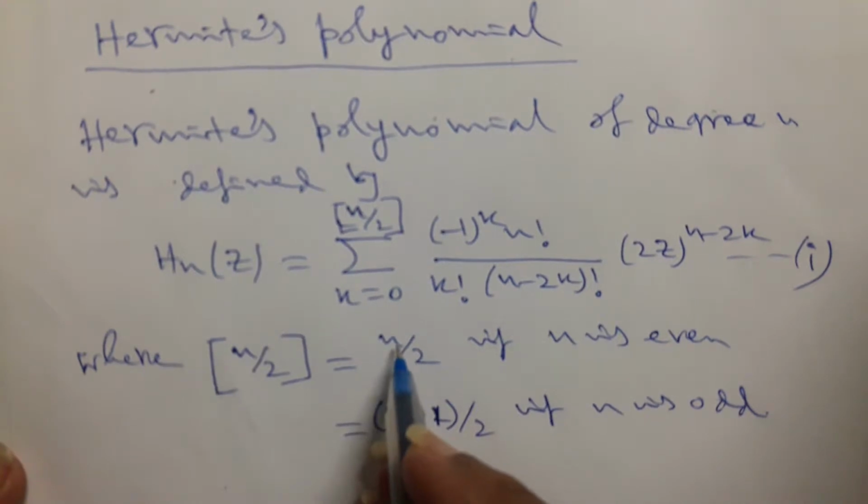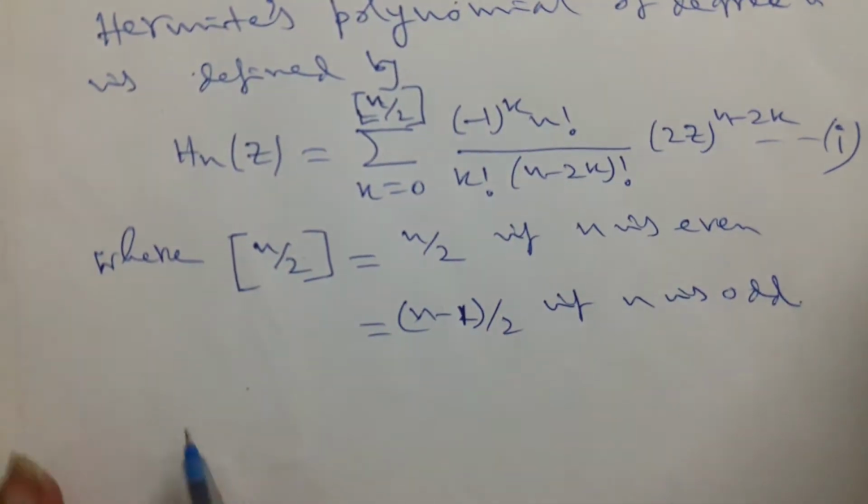Now we create the generating function for Hermite polynomial.